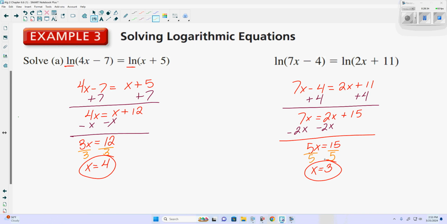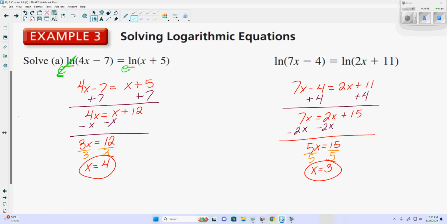Now, I'm about to have you recall something from before the break. What would e to the ln of 4x minus 7 be? What would the e and ln do? We get 4x minus 7.